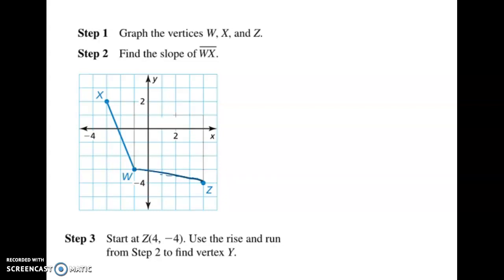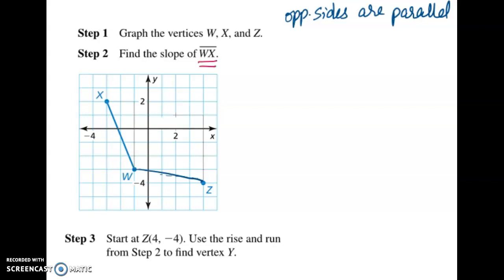Now, I am missing a coordinate Y. To find that coordinate, I need to use the principles of parallelogram, which says that the opposite sides are parallel. So if opposite sides are parallel, I can start with finding out the slope of WX.